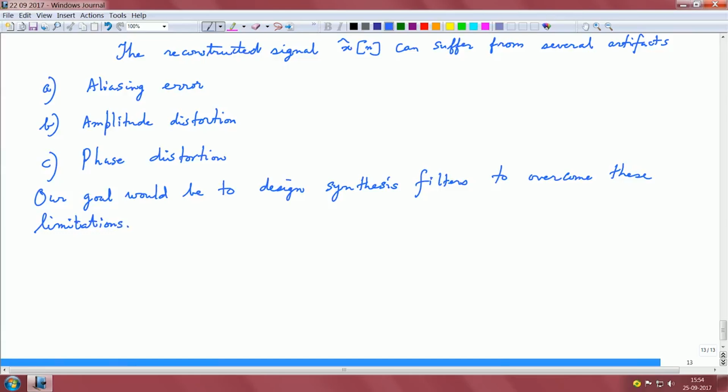Now we will go into the details as we analyze the 2-channel quadrature mirror filter bank, because it is a simple 2-channel bank, and since I considered a 2-channel quadrature mirror filter bank, we want to bring in these quadrature mirror filters and we will analyze from that perspective. A note here is regarding the amplitude and the phase distortion.